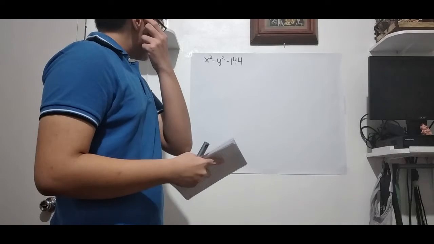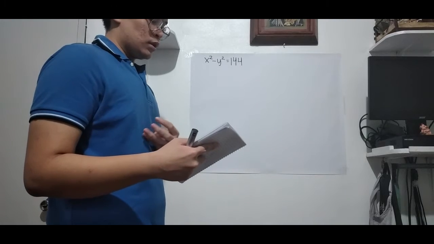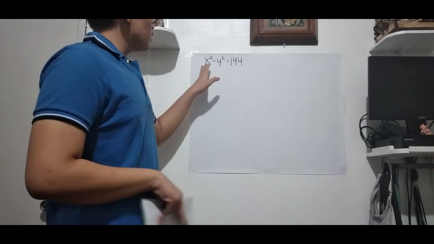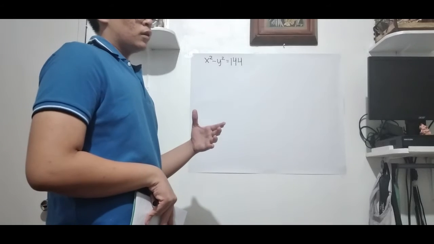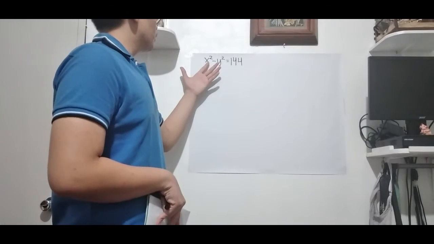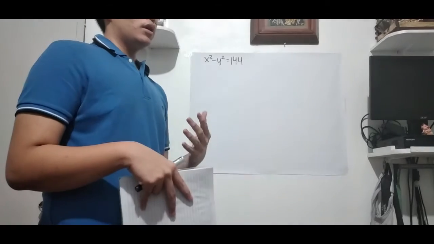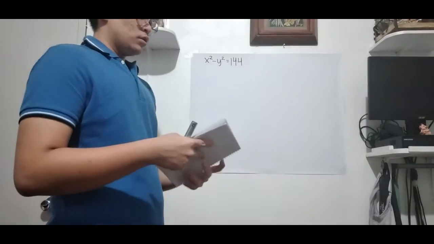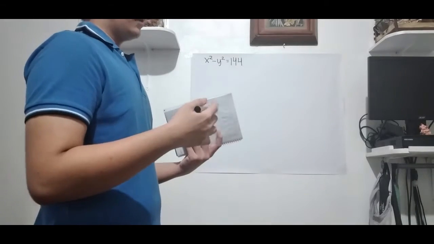So now what we just need to do is, since there is no other variable that we can group to this x squared and y squared, we can just simply write the formula. So the formula would be x minus h quantity squared.